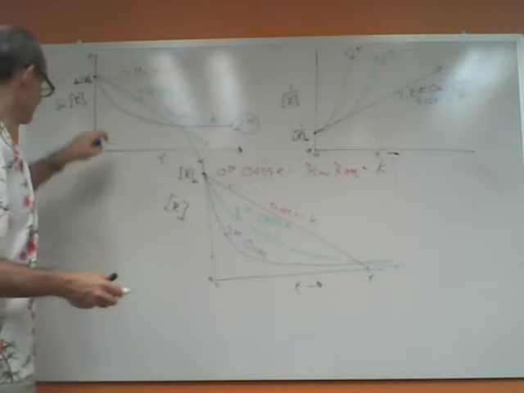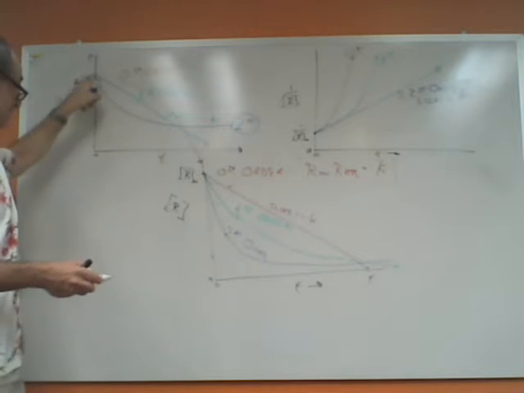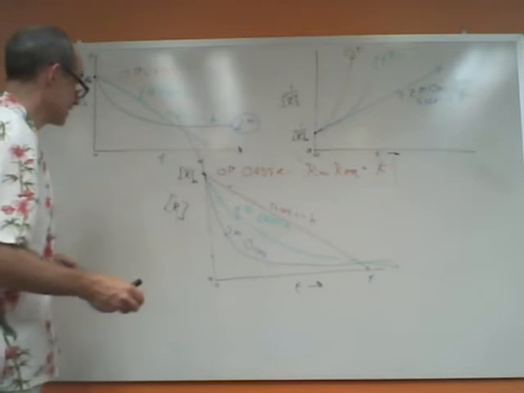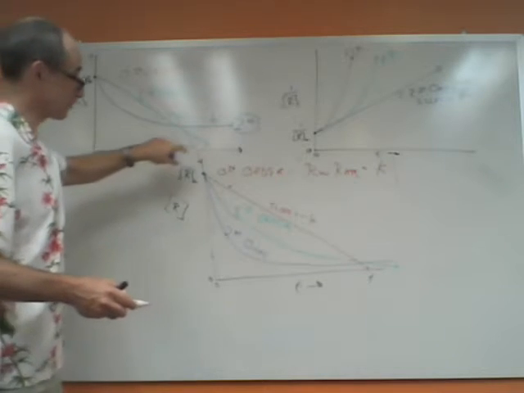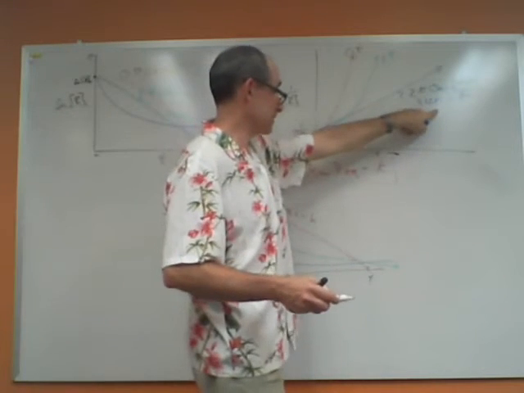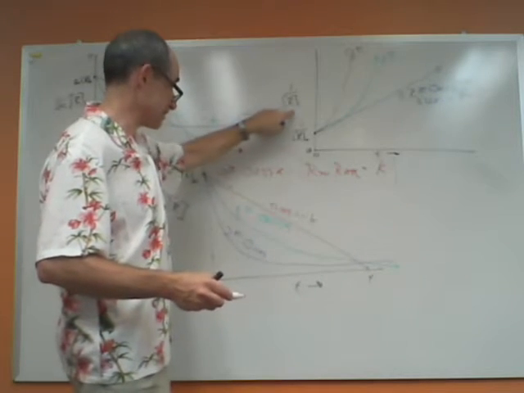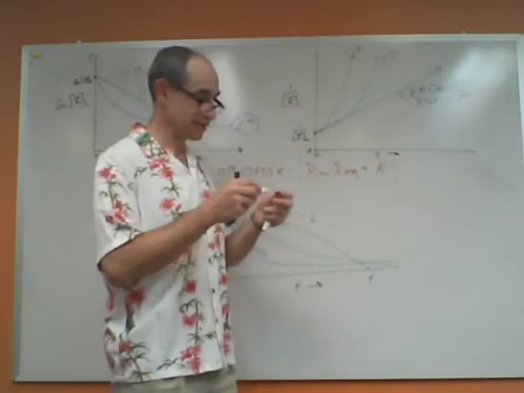When I plot the natural log versus time, a first order reaction gives me a linear plot sloping downward, where the slope is negative k, with units of reciprocal time. And for a second order decomposition reaction, a plot of the reciprocal of concentration versus time gives me a positive line with a slope that is positive k.